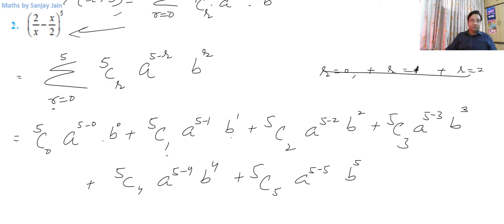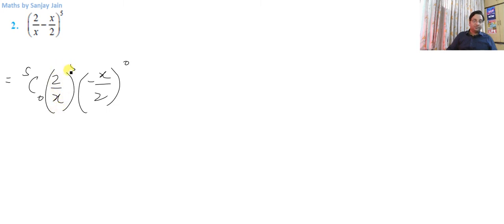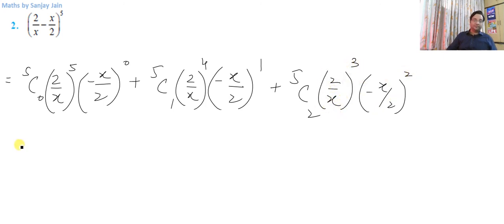So let me solve it rather than writing the formula. 5C0 (minus x by 2) raised to power 0, (2 by x) raised to power 5. 5C1 (minus x by 2) raised to power 1, (2 by x) raised to power 4. 5C2 (minus x by 2) raised to power 2, (2 by x) raised to power 3.